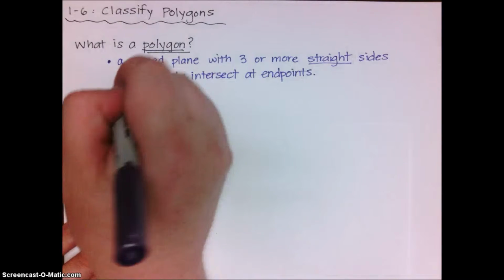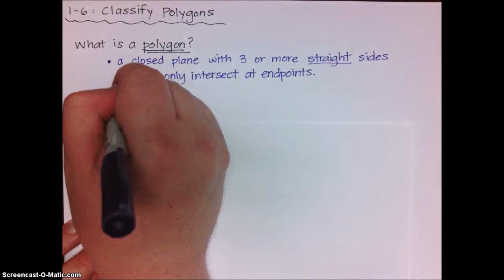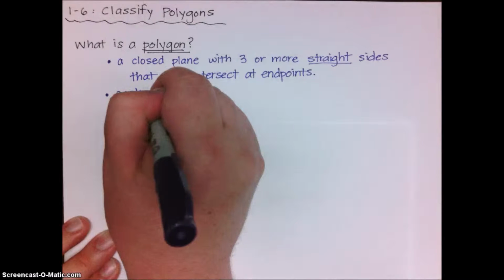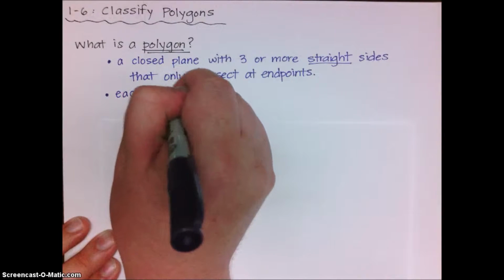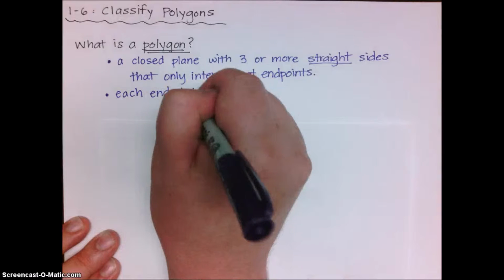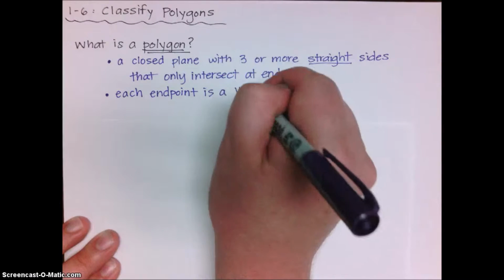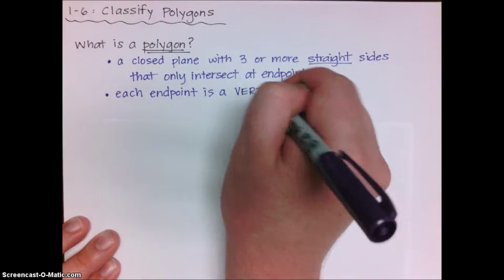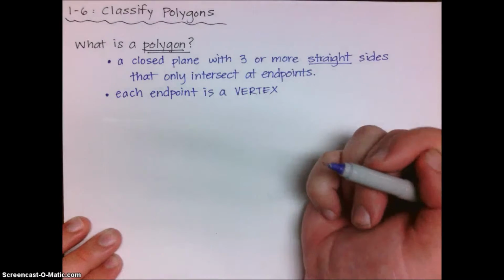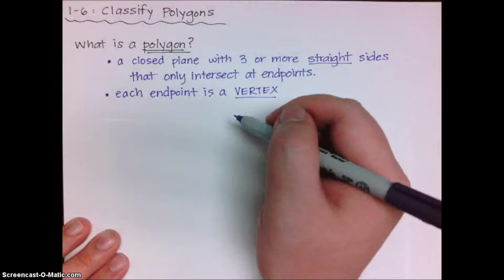Okay. Some other terms is that each endpoint is called the vertex. And so you might think of it as a corner, all right, but we call it a vertex. So that's an important key term.